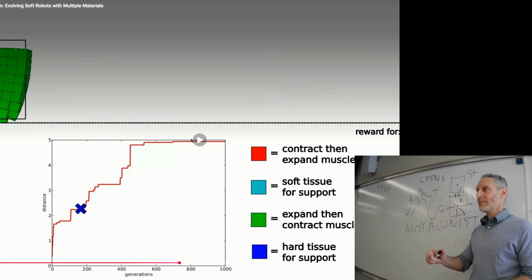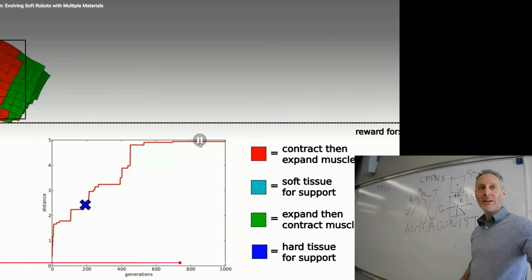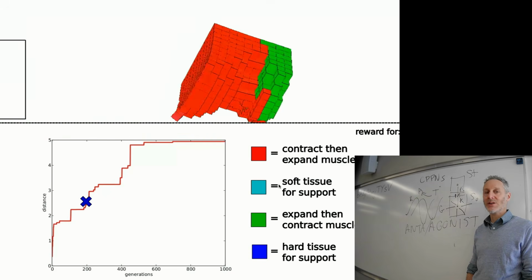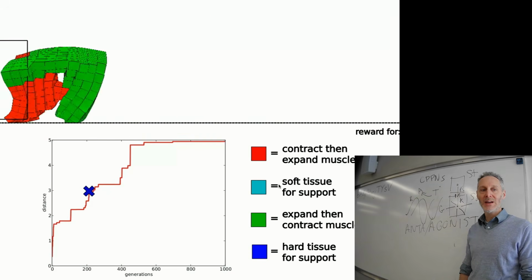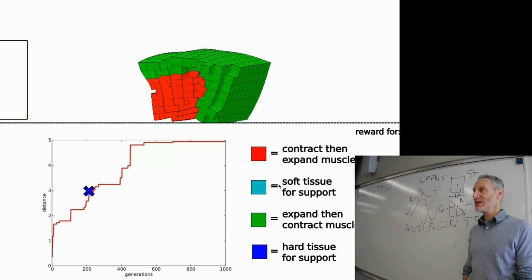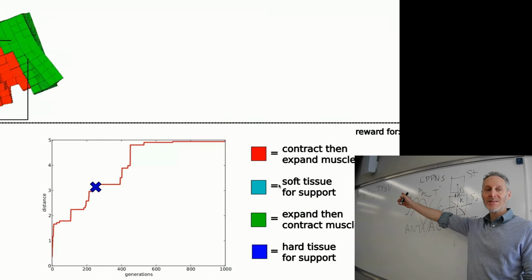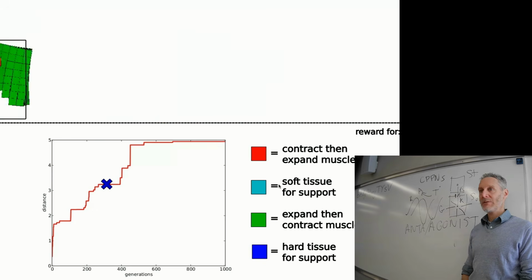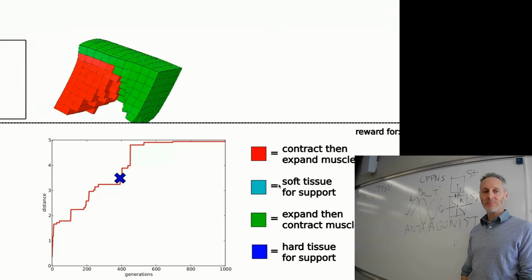Not quite. Energy expenditure, right? There's no penalty for using a lot of energy in this evolutionary algorithm, so what a surprise, it evolves big balls of muscle that have agonist and antagonist muscle groups, right? You need that phase offset.